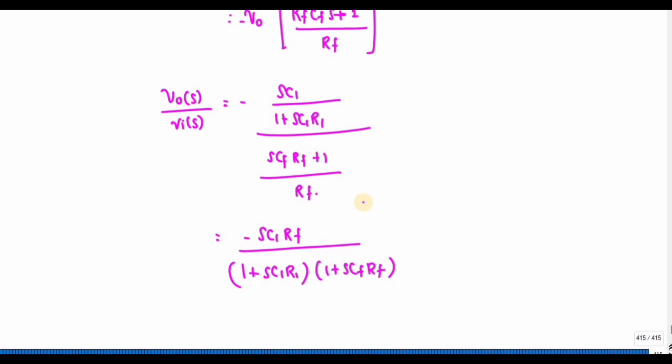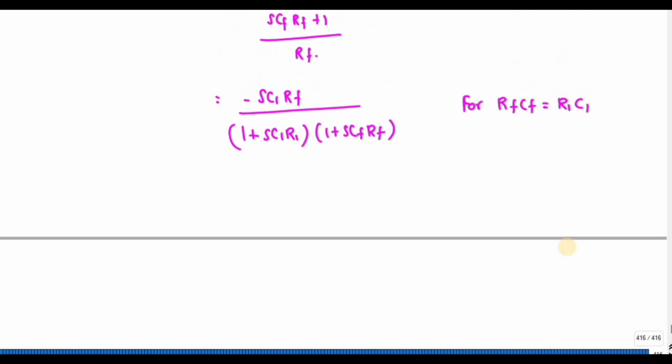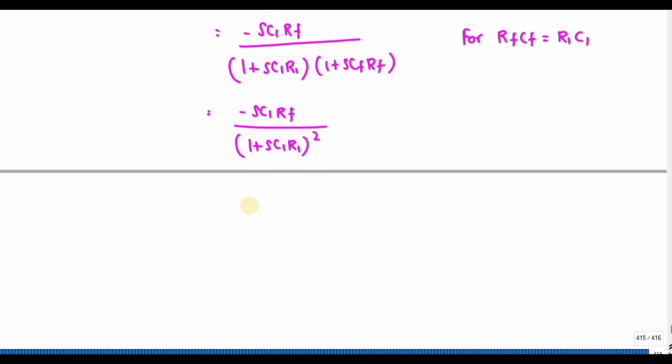So for RF CF equal to R1 C1, I can write this as minus SC1 RF divided by 1 plus SC1 R1 the whole square. We know that S is equal to J omega, right?